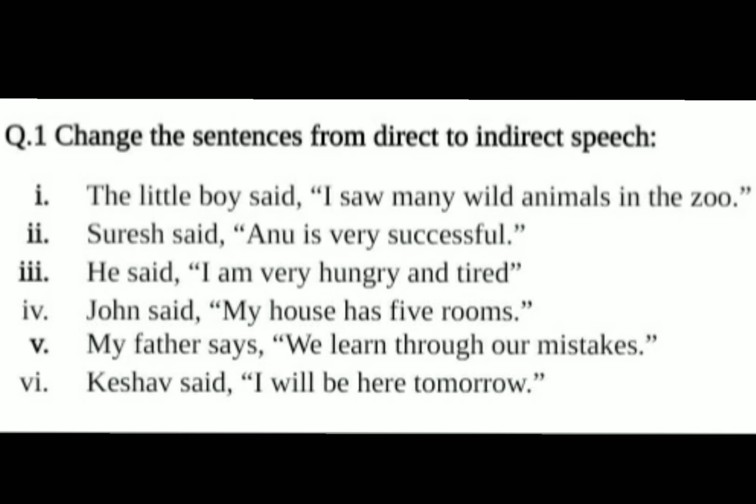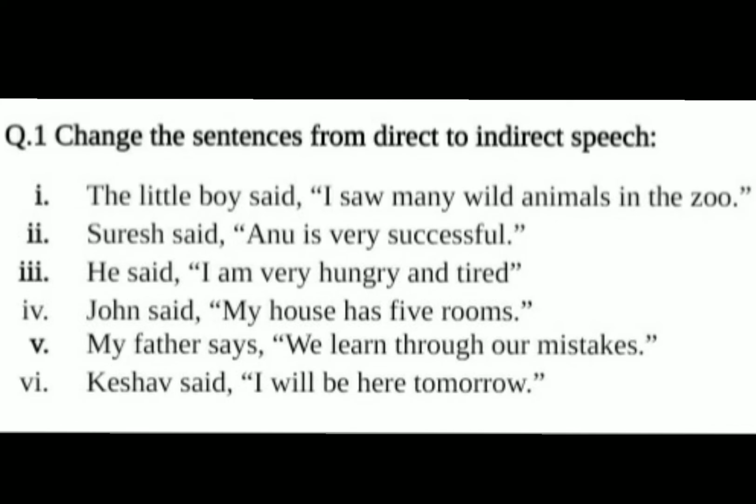Then moving on to the last sentence, Keshav said, I will be here tomorrow. Keshav said that. Now I changes to he because the pronoun has to be according to the subject. Will changes to would. And tomorrow will change into the next day.